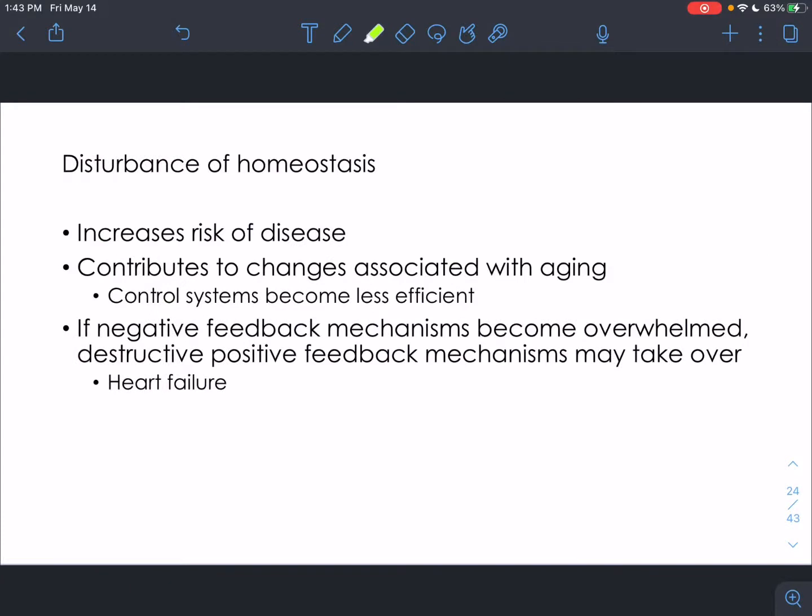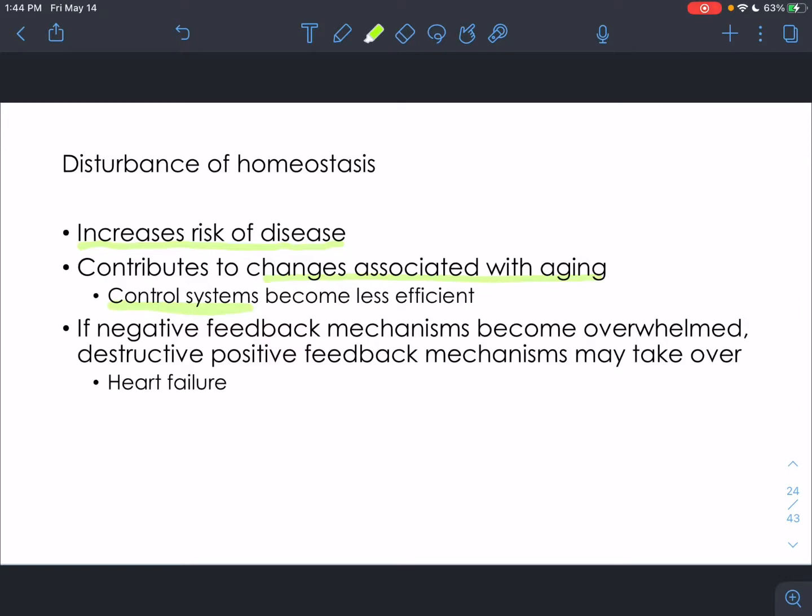Homeostasis is important, obviously, for maintaining our normal body function. If we have issues with our homeostasis, so our nervous system or endocrine system specifically can't maintain a balance in our body, we have an increased risk of disease. And this disturbance of homeostasis contributes to changes associated with aging. So these control systems or endocrine system becomes less efficient, so we can't respond as quickly.